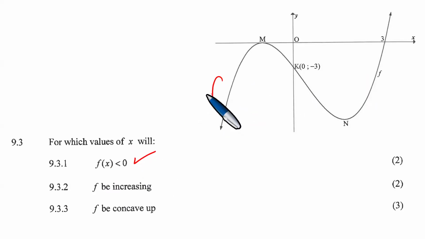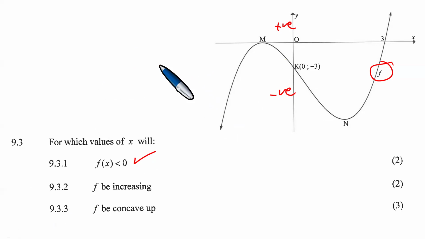This is a function f, shown there. But at what point will it be negative? Think about this. It is negative when it is below the x-axis, because y is negative below and y is positive above.